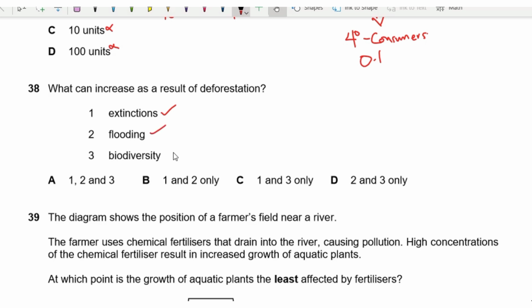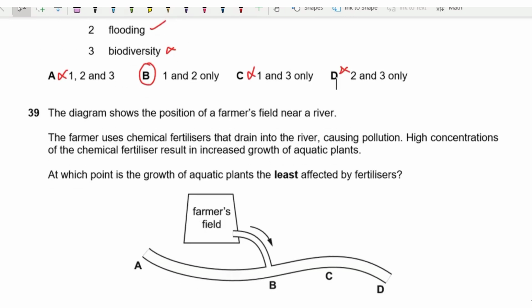It cannot result in biodiversity. That makes our option B the correct answer. So it's not 1, 2, and 3, it's not 1 and 3, it's not 2 and 3. So option B is our correct answer. Then we will now move to question 39.